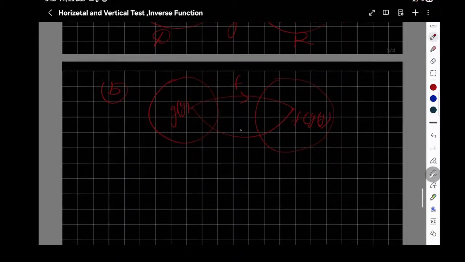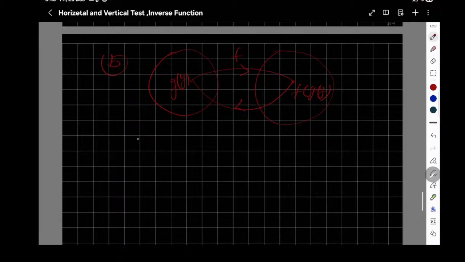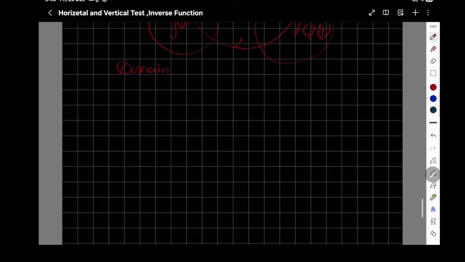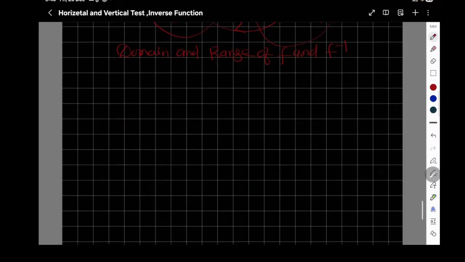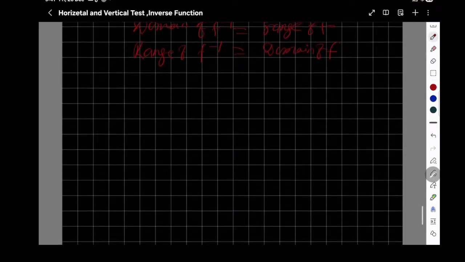Now the domain and range of f and f inverse. The domain of f inverse is equal to the range of f, and the range of f inverse is equal to the domain of f. This is so easy.